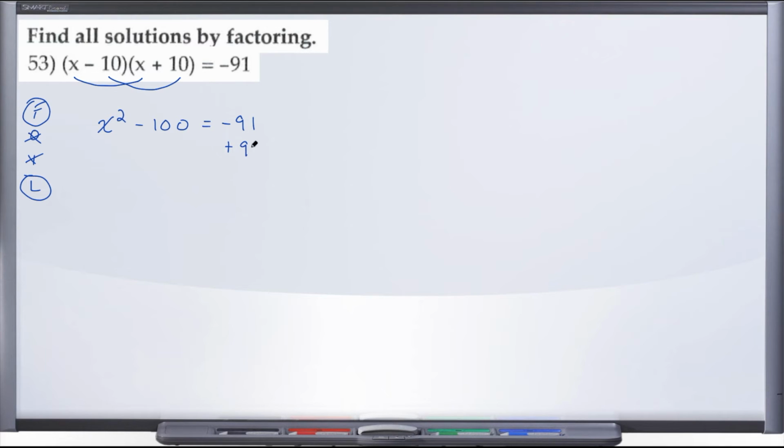So if we add 91 to both sides, we end up with x squared, and now negative 100 plus 91 is negative 9, now equals, well, negative 91 plus 91 is 0, isn't it?